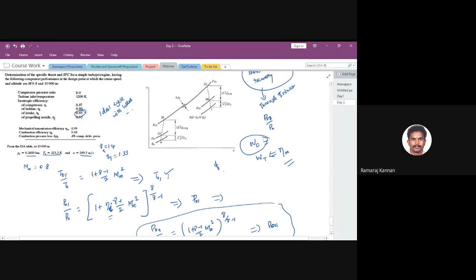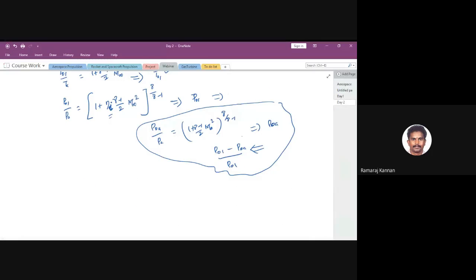Okay. The second part is we have the compressor. We did it with the intake one.